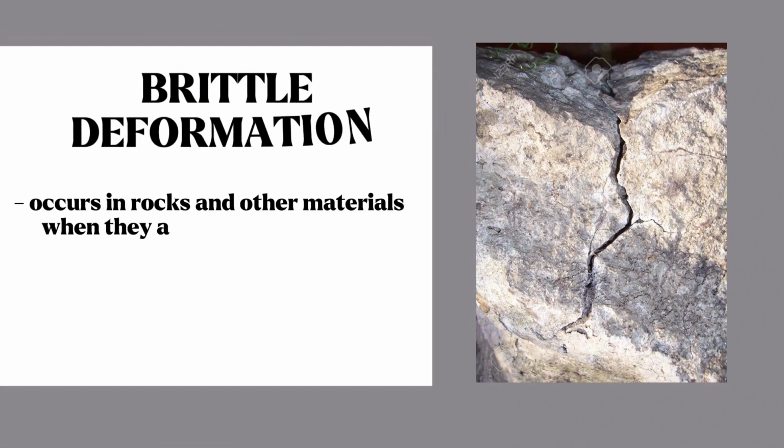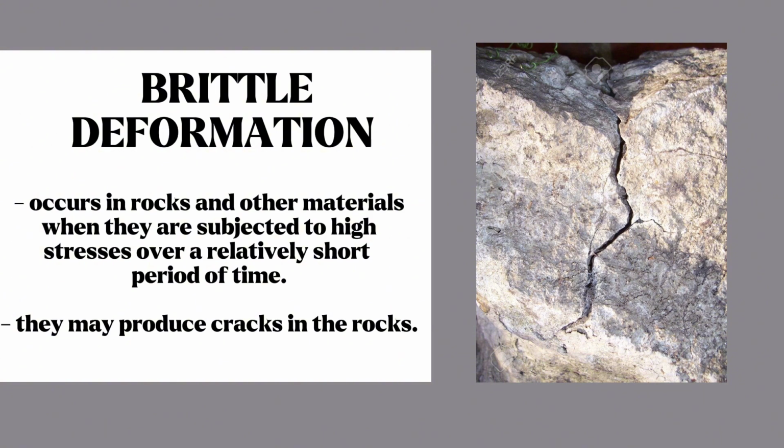Lastly, brittle deformation typically occurs in rocks that are near the Earth's surface, where they are subjected to relatively low temperatures and pressures. It can also occur in rocks that are subjected to sudden and rapid changes in stress, such as those associated with earthquakes or other seismic events.